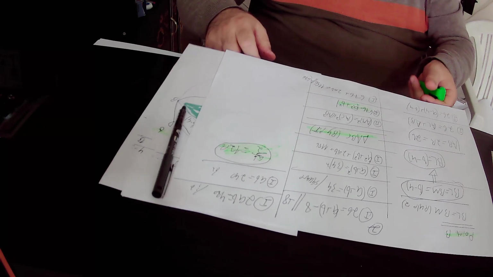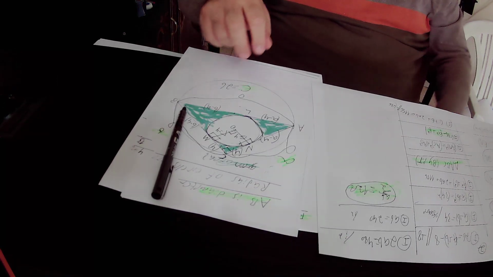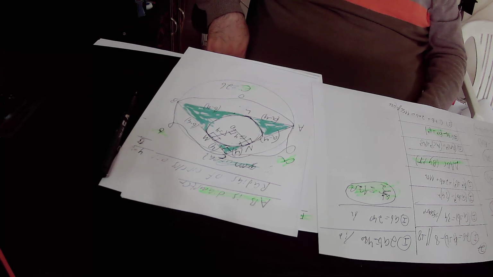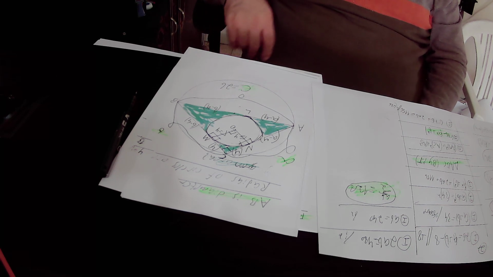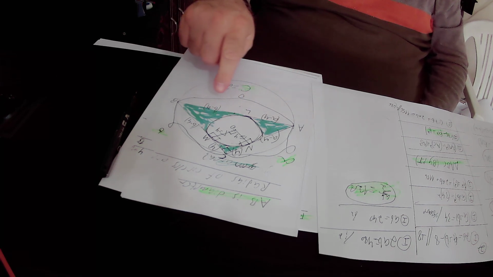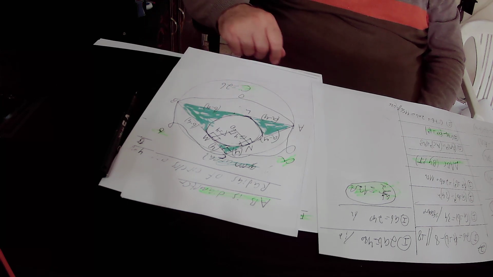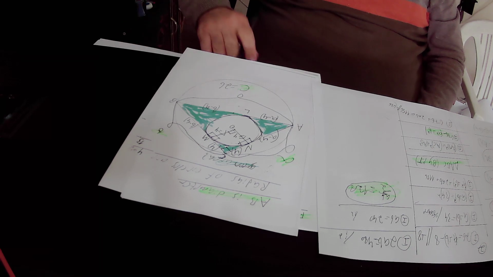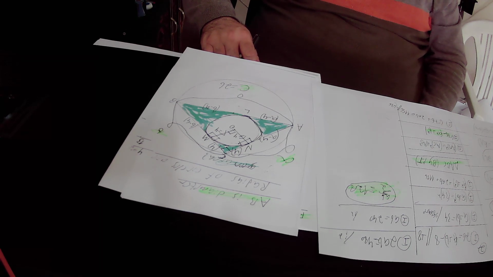So what is the area of the green shape? The area of the green shape equals the area of triangle ABC minus the area of the small circle. So I write it down.